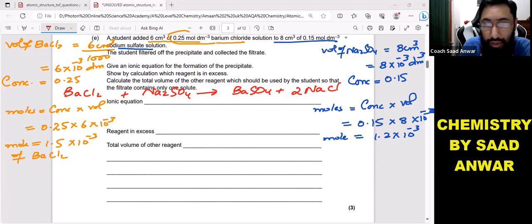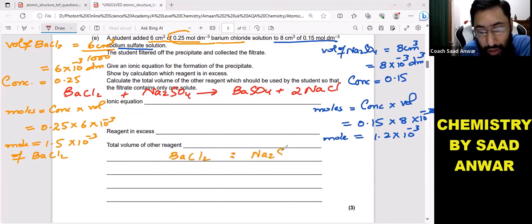Now coming to this equation. Let's compare barium chloride and sodium sulfate to determine which one is the excess reagent and which one is the limiting reagent.